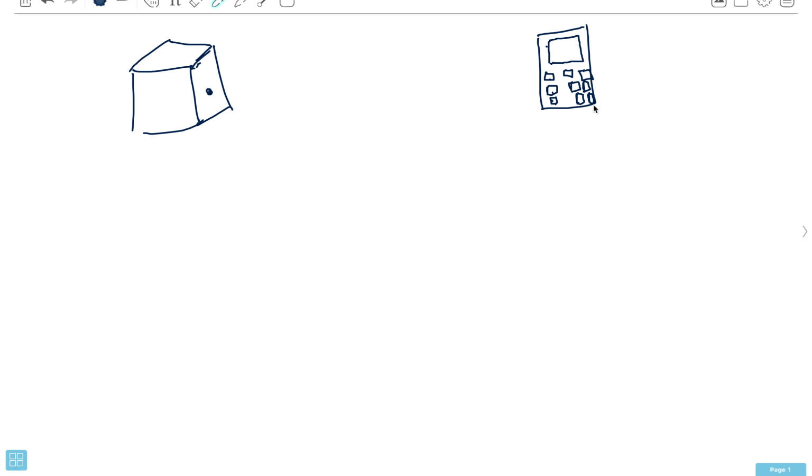So if this was an iPhone, I could easily just find out the distance from this brick to the home button, and that will give me the distance from the brick to the whole phone.